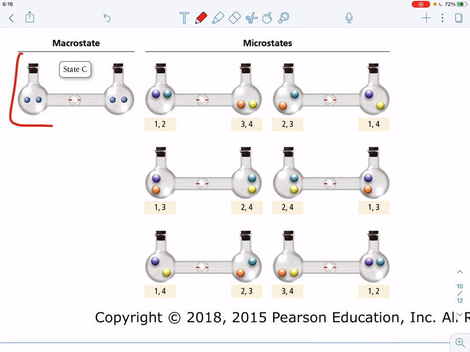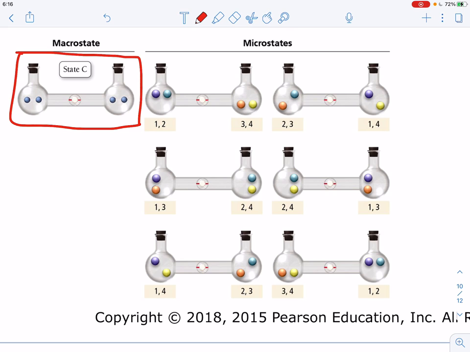So this is our initial state. Because you have four different gas molecules, you can rearrange those molecules depending on which ones are going to transfer to the other side. In the first state, all of them contain two molecules.